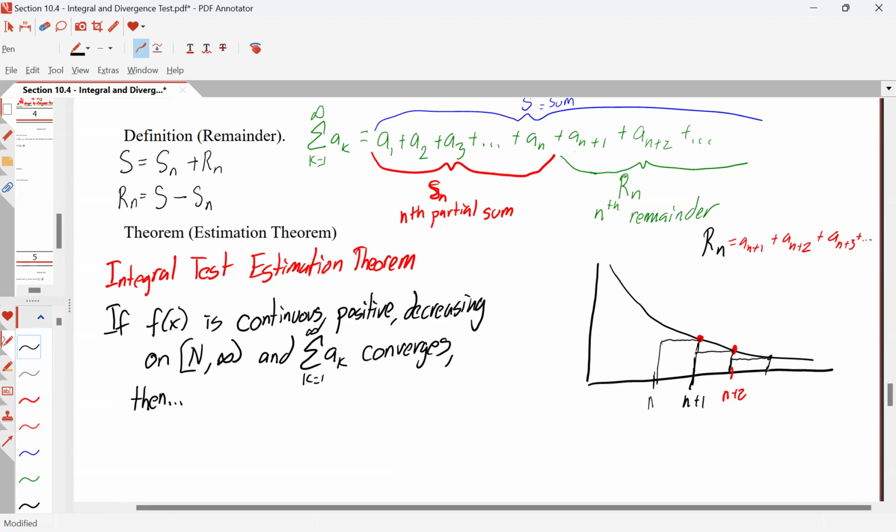And in particular, my sum is under this curve in such a way that that remainder term is less than the integral of f of x from, notice, since we drew our boxes to the left, we're starting at n. So the remainder is less than the integral from n to infinity.